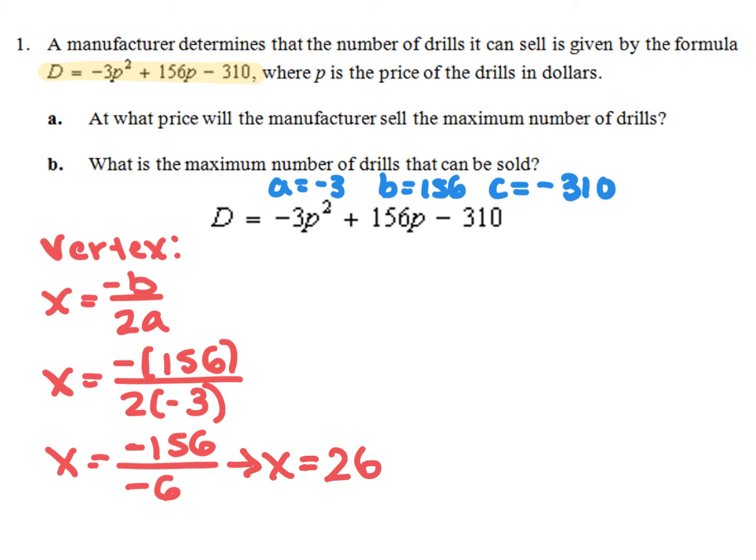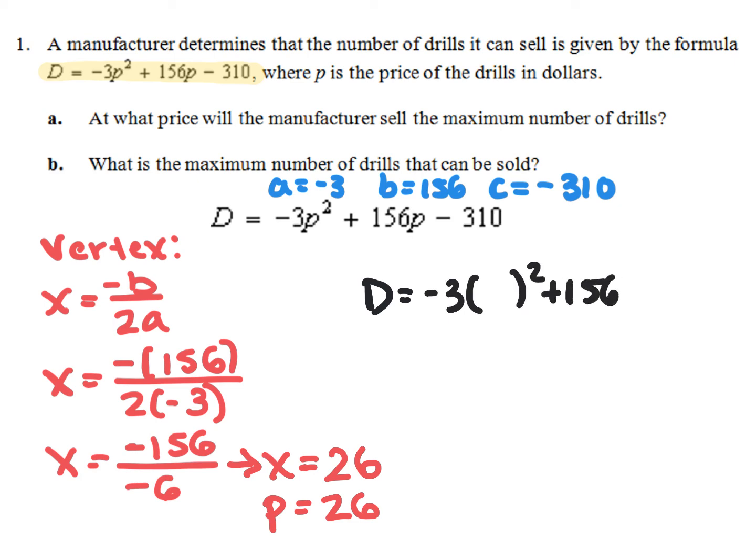Now, in terms of what we have here, our x is really written as p. So we could say that p equals 26. Now we want to plug into the original equation. So it's d equals negative 3 times whatever p is squared plus 156 times p minus 310.